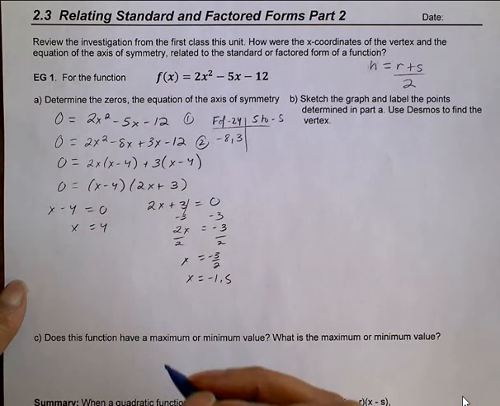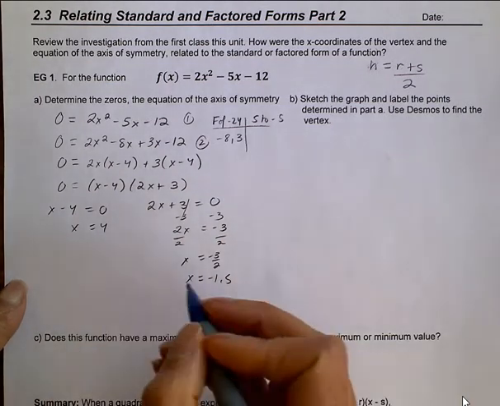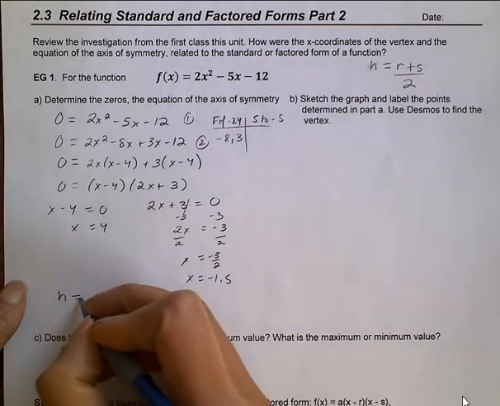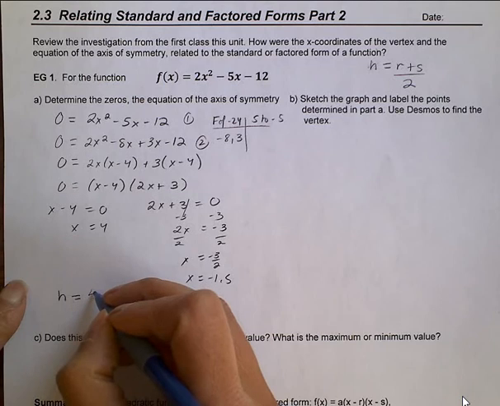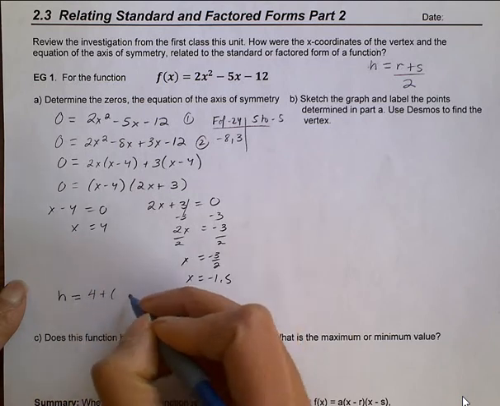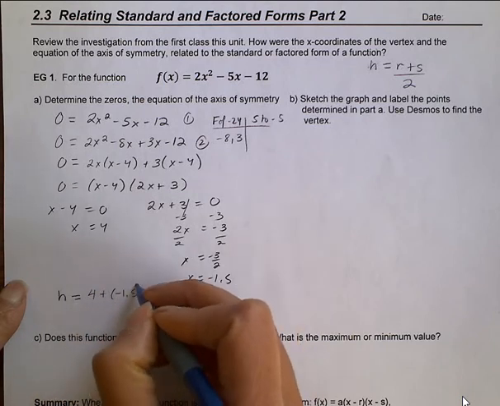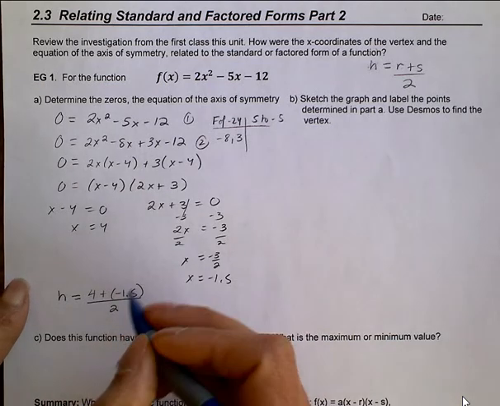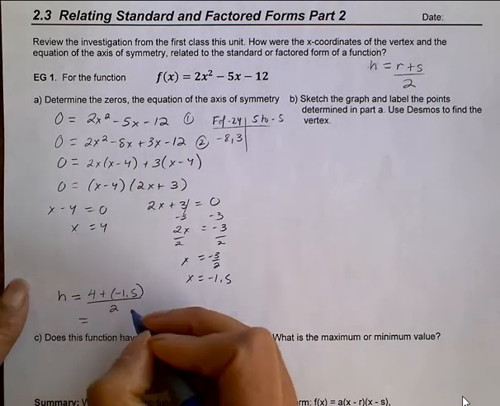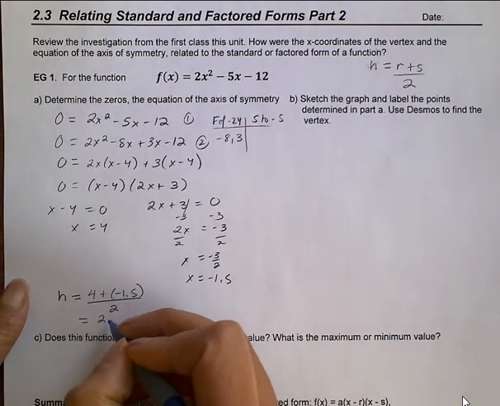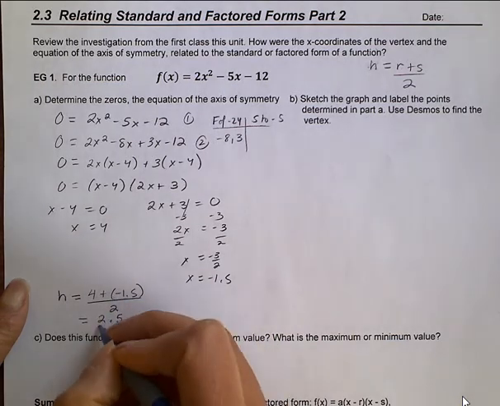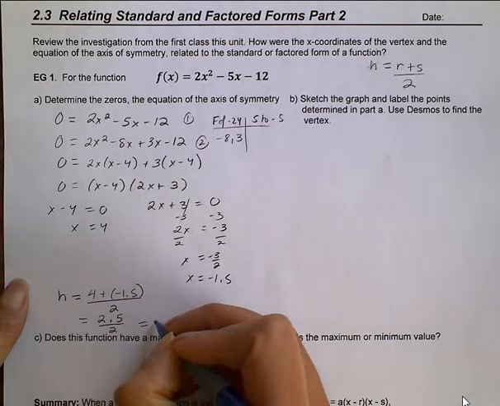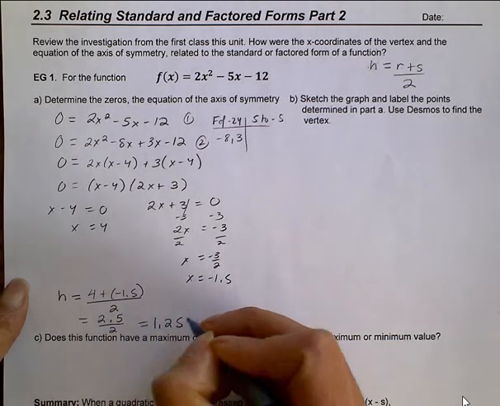To find that h value, or the h-coordinate of the vertex, which is the x-coordinate of the vertex, I'm going to add together 4 plus -1.5 and divide that by 2. So that gives me 2.5 divided by 2, which is 1.25.